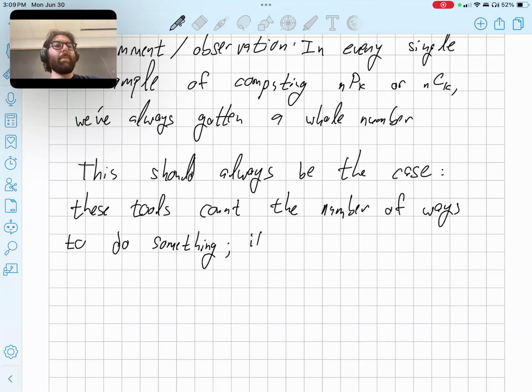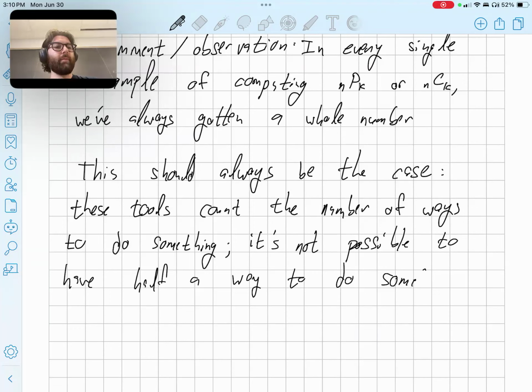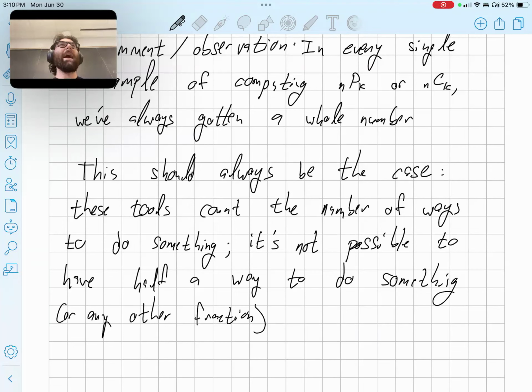And so it's not possible to have half a way to do something or any other fraction. If I ask you how many ways can you accomplish this task and you say 15.3 ways, that's going to be a little confusing. That doesn't really make sense.